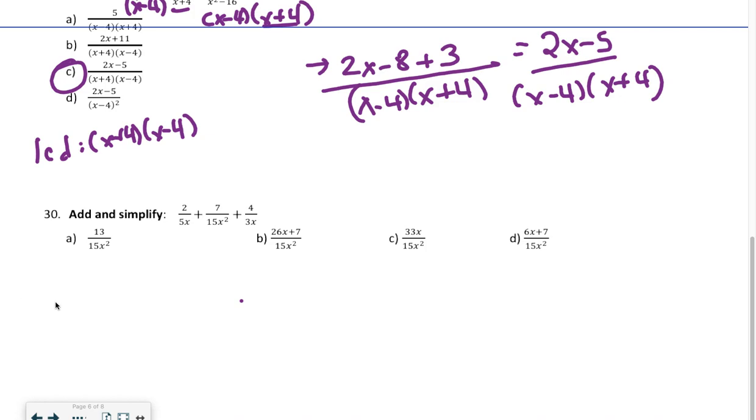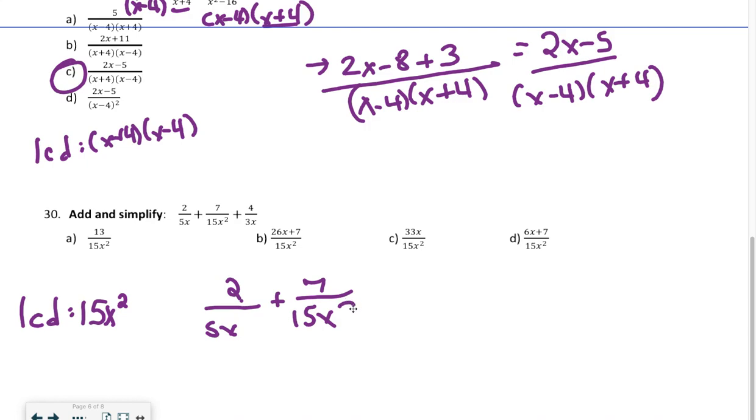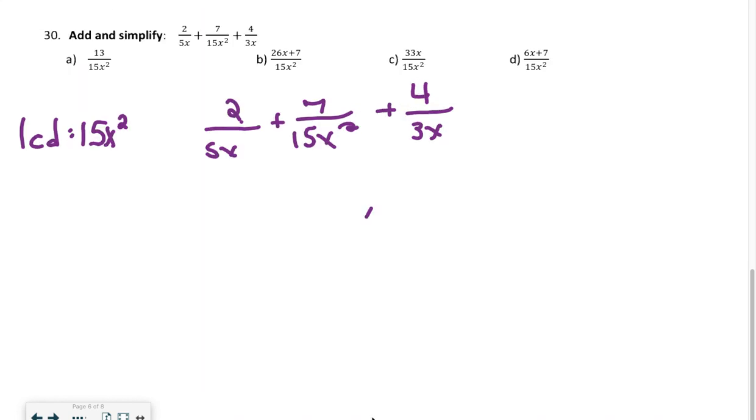Number 30 is going to be an LCD, so let's start with the numbers. 5, 15, and 3. 15 is the smallest that they all go into. x squared and x, when we are identifying an LCD, we always go with the larger exponent. I'm going to rewrite the problem so we can see the change. So in order to make this a 15x squared, we have to multiply top and bottom by 3x.